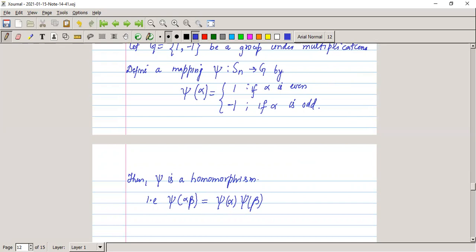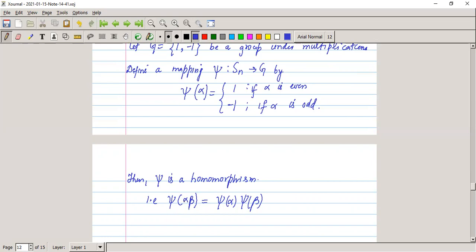Psi of alpha will also be 1 and psi of beta will also be 1, so the left hand side will be equal to the right hand side. Now if alpha and beta are both odd permutations, then alpha beta is an even permutation, so the left hand side is 1, and psi of alpha is minus 1, psi of beta is minus 1, and minus 1 into minus 1 is plus 1. So again, psi of alpha beta is equal to psi alpha into psi beta.